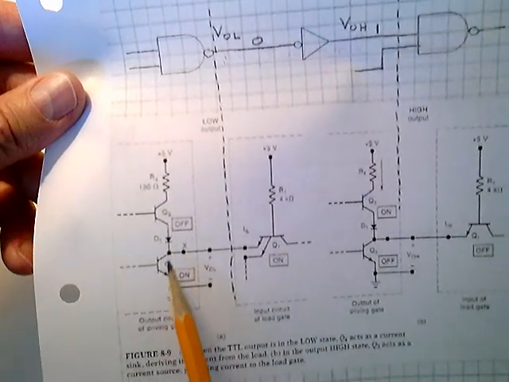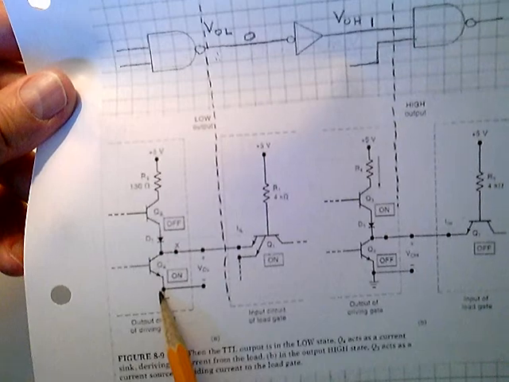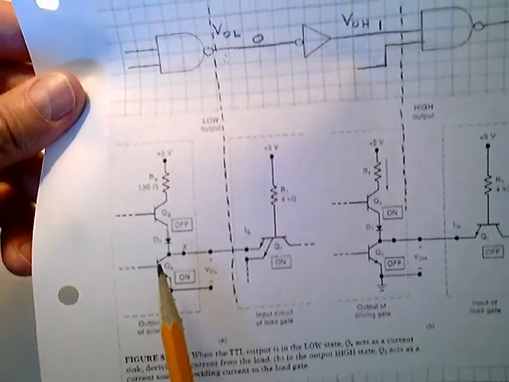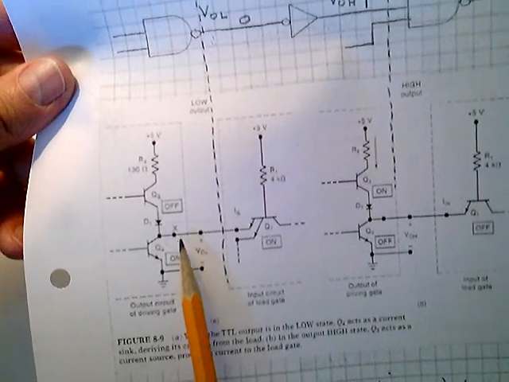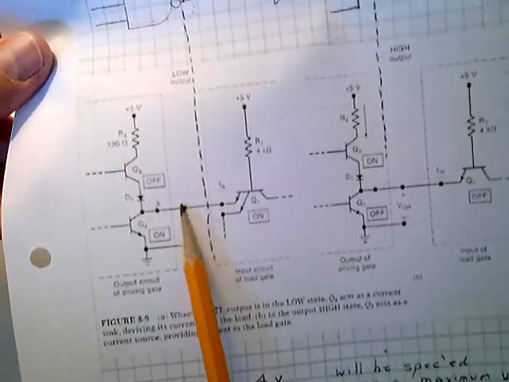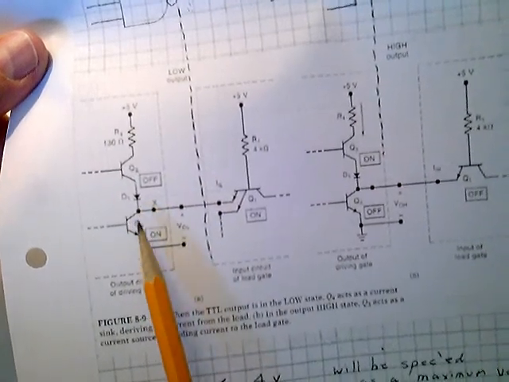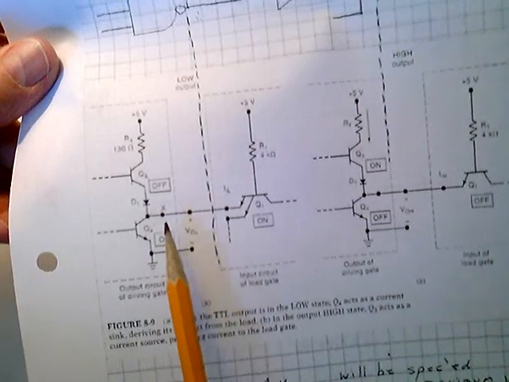But because there's a voltage drop across that transistor, it's not ideally zero. They're saying that for a low level, it'll always be less than 0.4 volts. In other words, the drop across that transistor will never be greater than 0.4 volts for a low level.